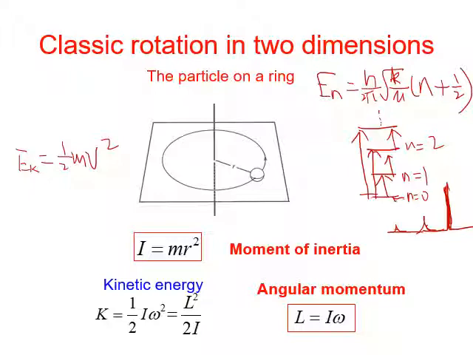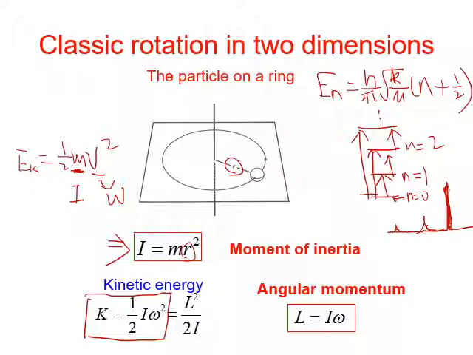For rotation, m is replaced by the moment of inertia, defined as mass times r squared, where r is the radius. The linear speed v is replaced by omega, the angular speed, and therefore the kinetic energy is half I omega squared.